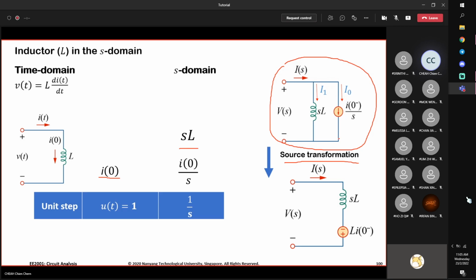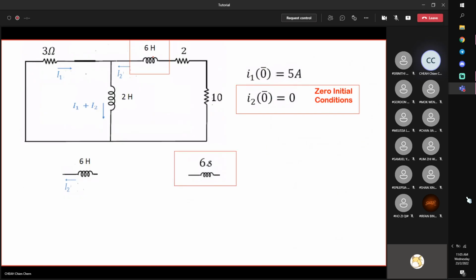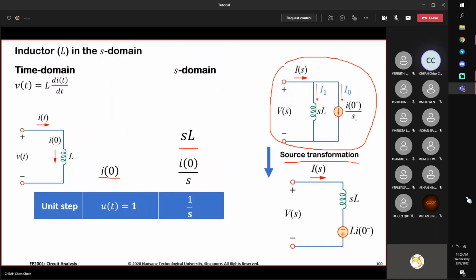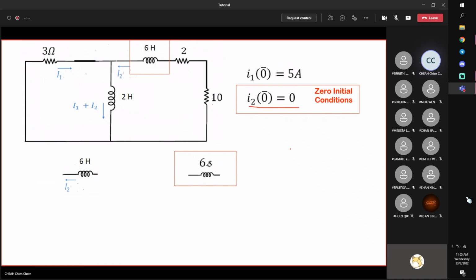I have this circuit model. In other words, 6H is equal to S multiplied by 6, L equals 6, with the initial condition. But for this one, I2 is equal to 0, so it's just 6S.